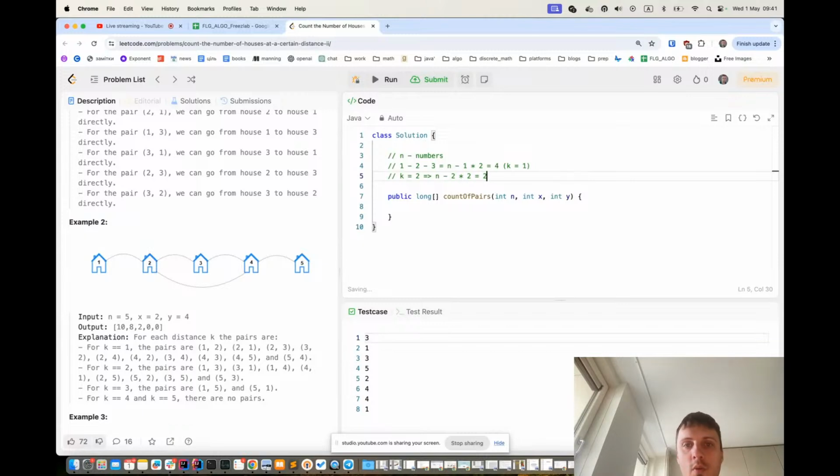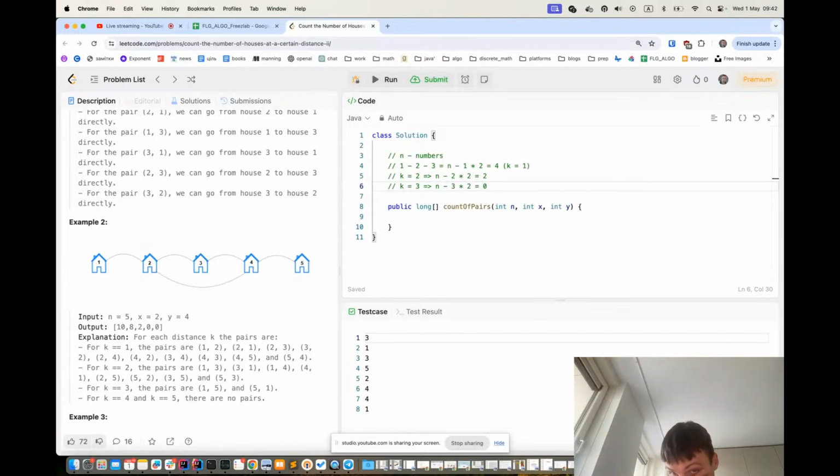Yeah, because we have 1 to 2, 3, and 3 to 1. Okay. And for k equal to 3, we have n minus 3 multiplied by 2. And in this case, it would be 0. Okay. So we can build actually all these connections.